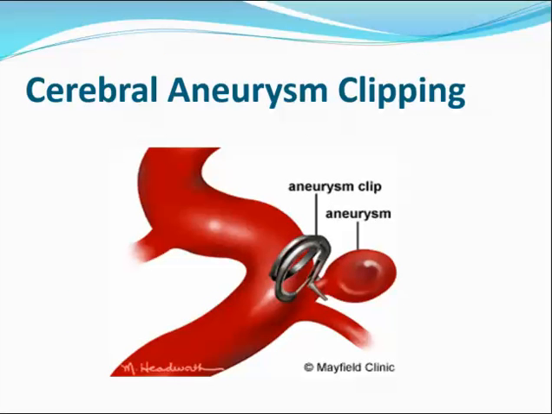Aneurysm clipping. So this is the aneurysm right here, and that's the clip, and that's it. It's a simple surgery as long as the surgeon can find the aneurysm. Sometimes it's not easy. It'll be there on the angiogram, but to visually see it in that bloody space of the brain can be difficult.